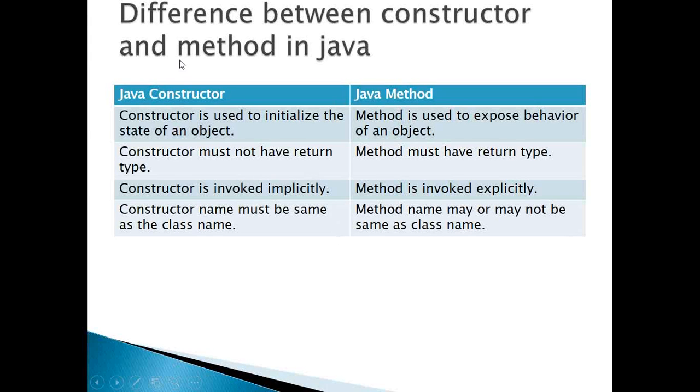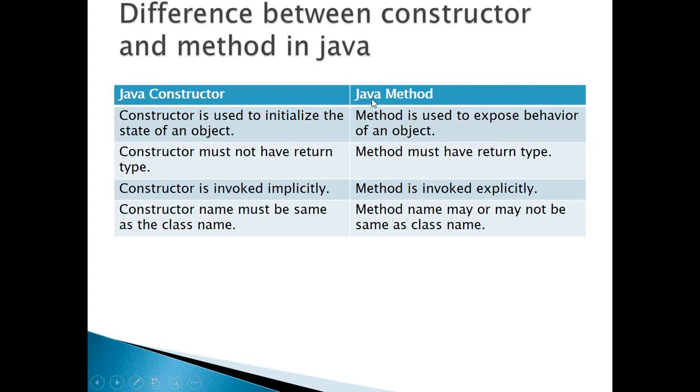Now what is the difference between a constructor and a method? A constructor is used to initialize the object. Whenever you create an object, that will call the constructor. A method is used to expose behavior. Non-static methods will require an object, but basically we create methods to perform some actions.